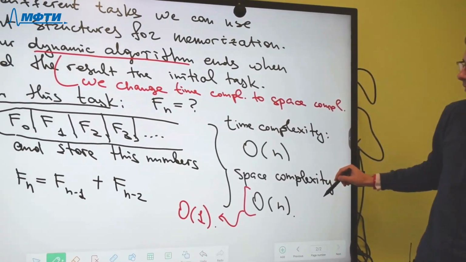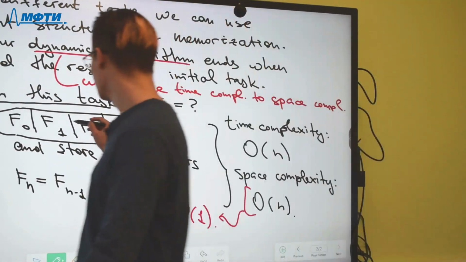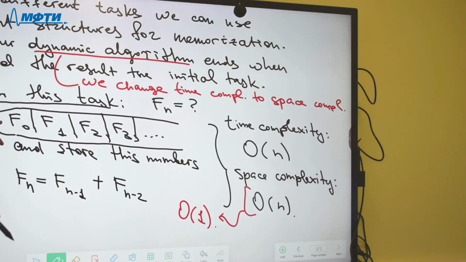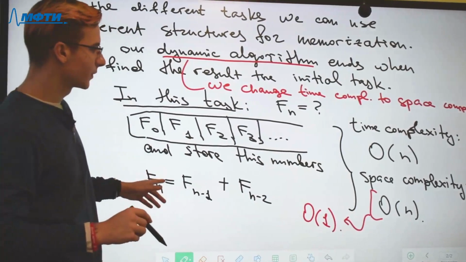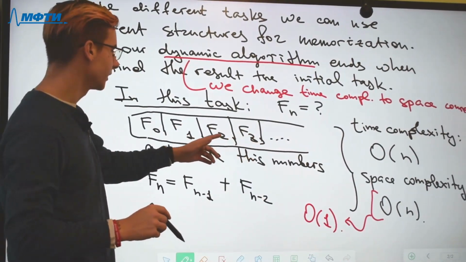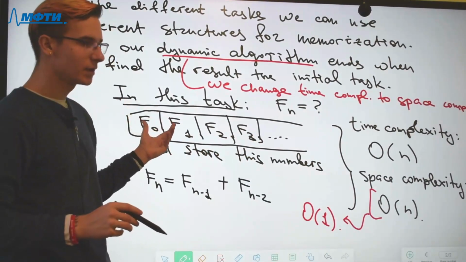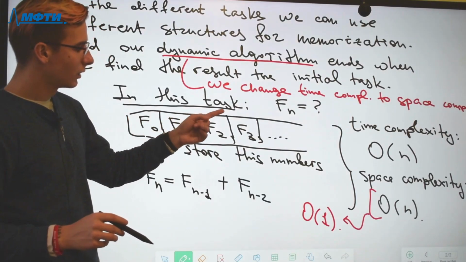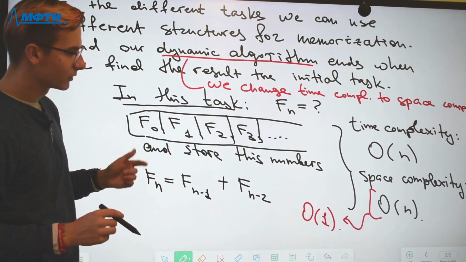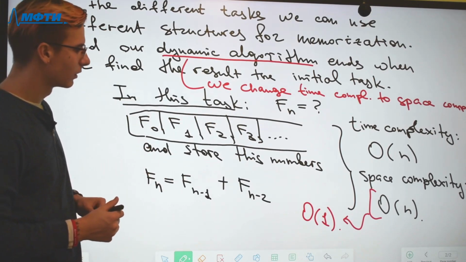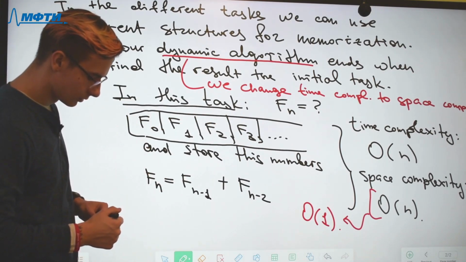Because if we store Fibonacci numbers from 0 to Fn, we need to store n numbers, and we get O of n space complexity. Yeah, but we don't need all n Fibonacci numbers.